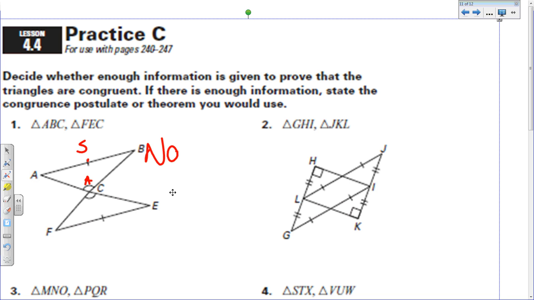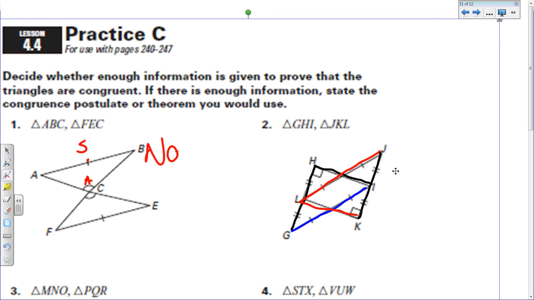Number 2 is just an ugly picture all scrambled up. And that's the point. They're trying to confuse you. But if you look at it, highlight your triangles. I got GHI, and I got JKL.